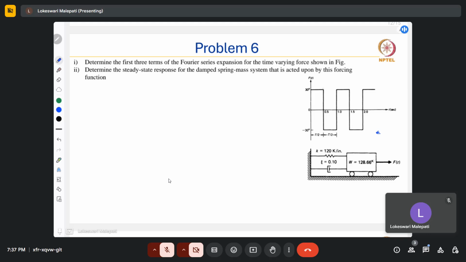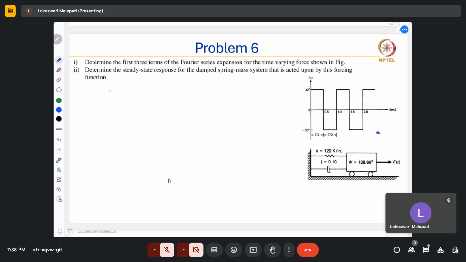One is between 0 to t by 2. It is just constant with a positive amplitude of 30 kips. I think this is kips. And from t by 2 to t, it has a negative amplitude, equal but negative, 30 kips. Now, for this kind of periodic force, we need to find the Fourier series expansion, and in particular, they're asking us to find the first three terms.